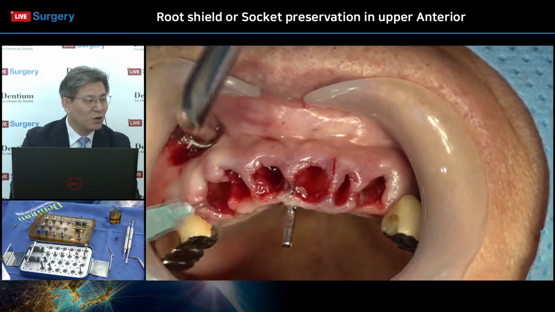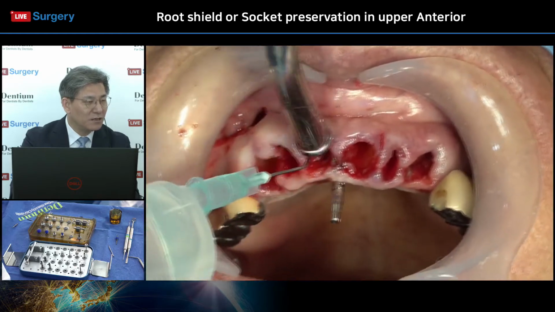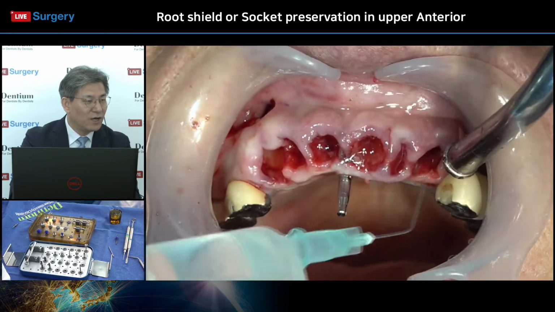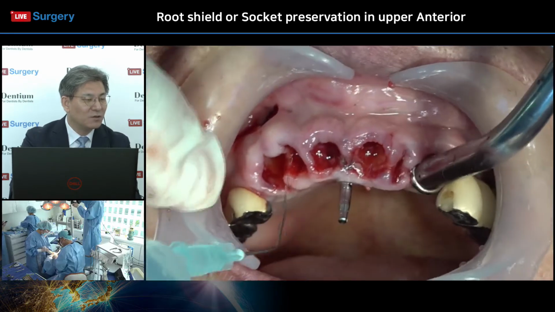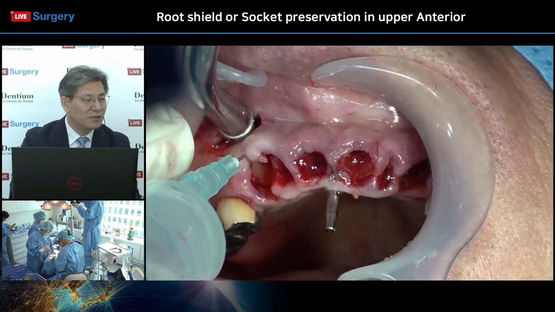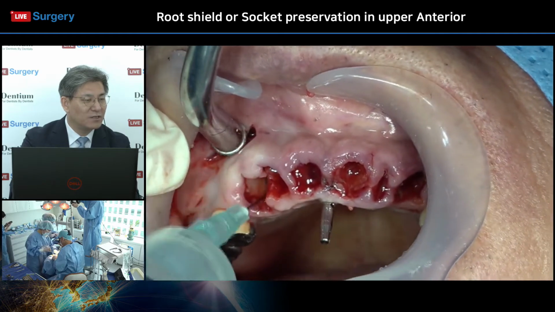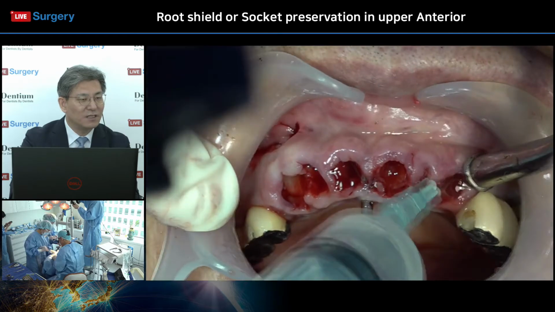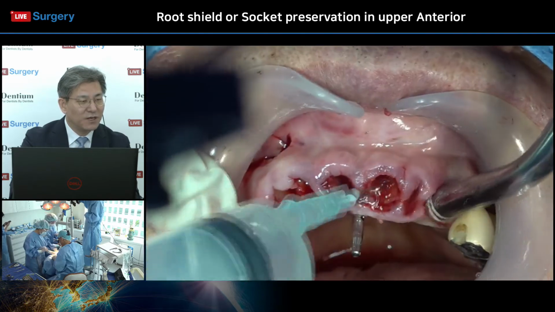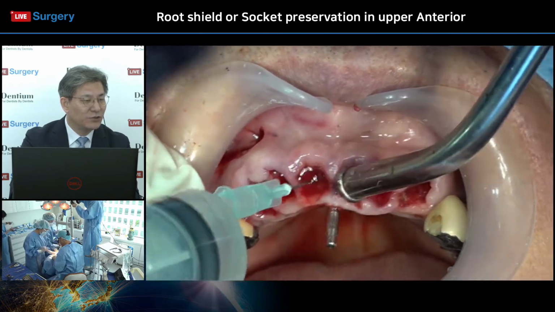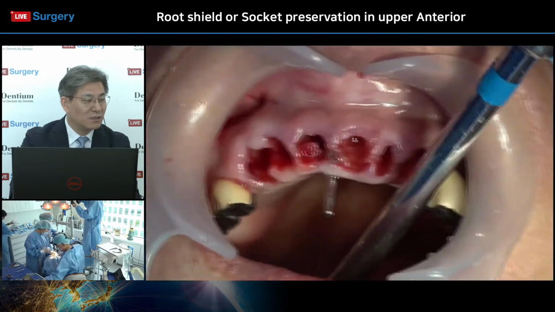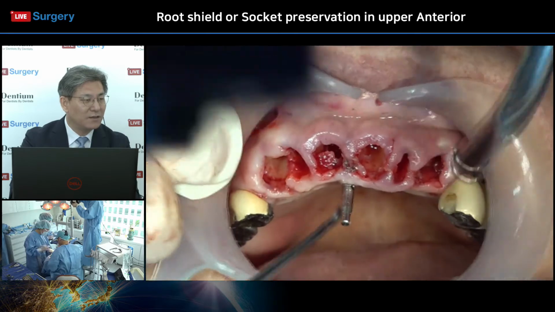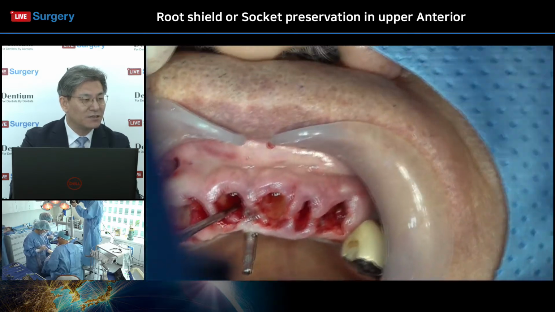Even with digital guided surgery. So anyway, this manual type freehand surgery is very important and an essential part. It is practicable for your future ideal digital guided surgery, as well as manual freehand surgery.